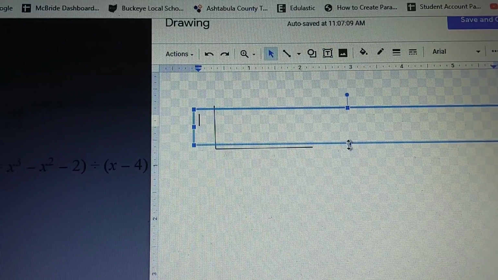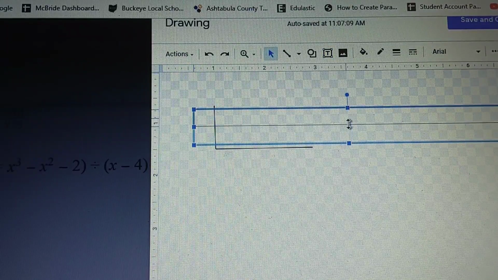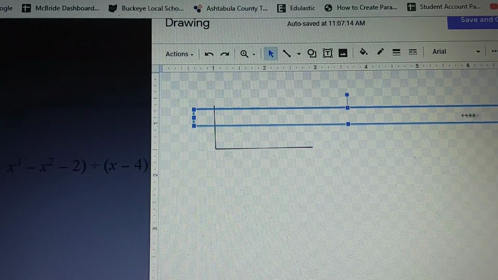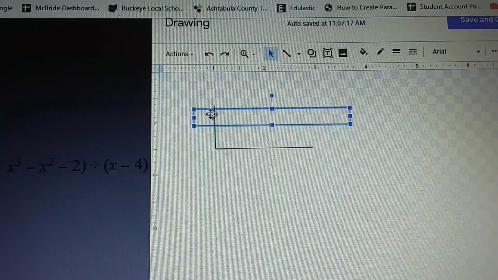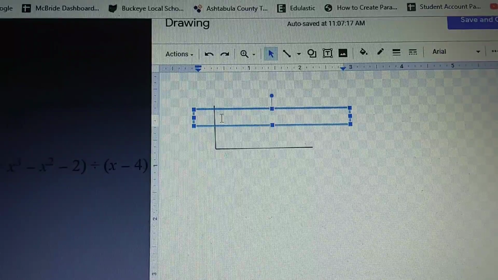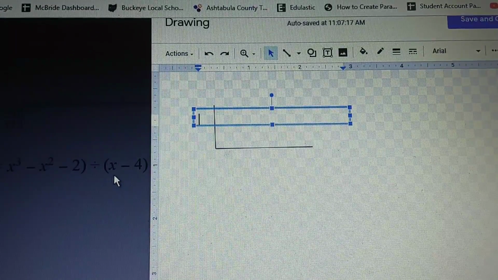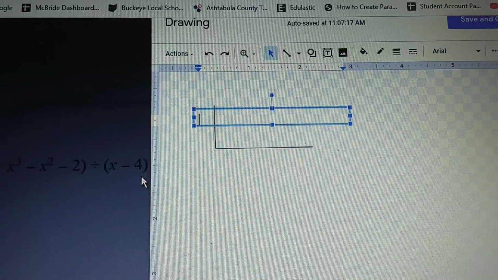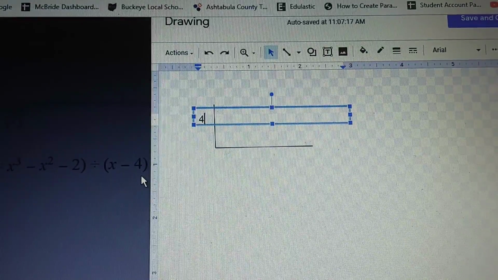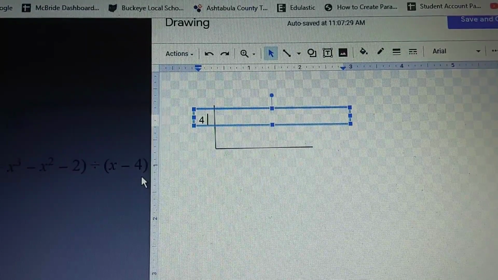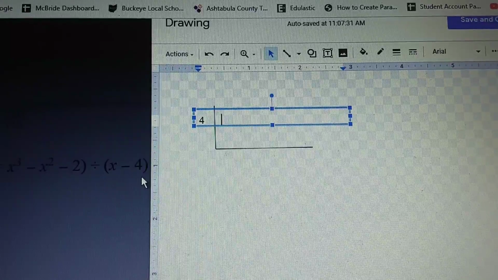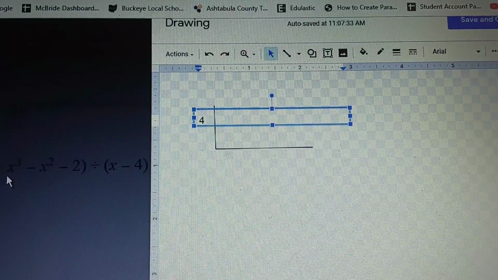Okay, I already know I want this half the size, so I'm going to bring it like this. Okay, remember in the front goes what we're dividing by. Now the problem is we're dividing by x minus 4. So we have to use a positive 4 out here. Okay, space over.